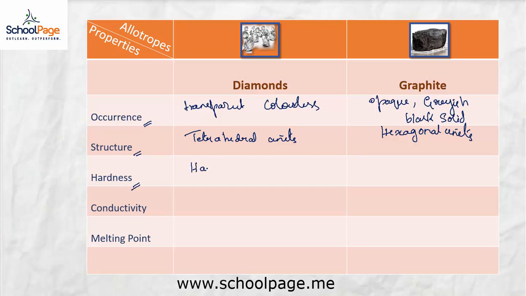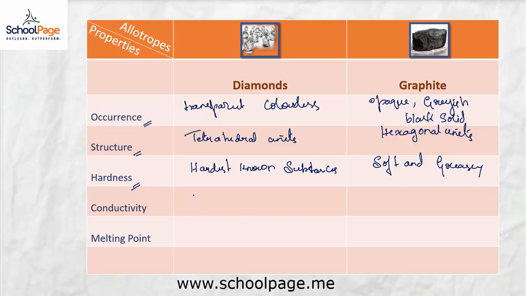Diamonds are the hardest known substances. Whereas graphites are soft and greasy.